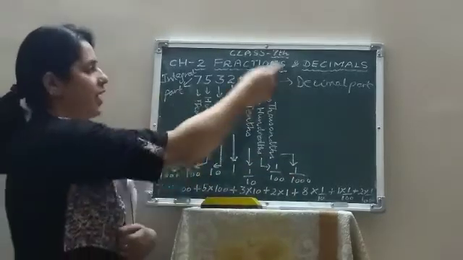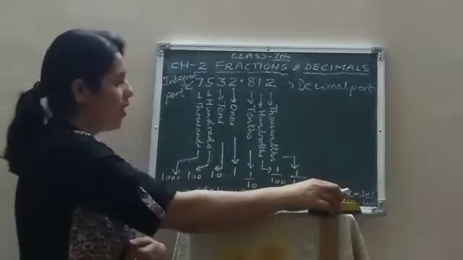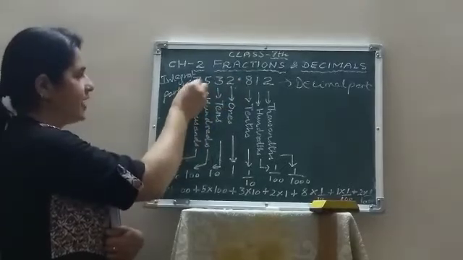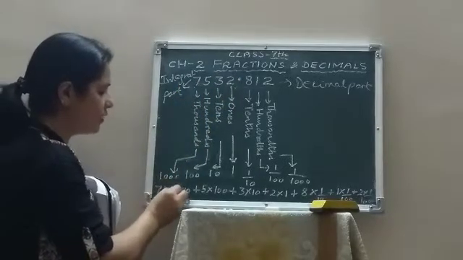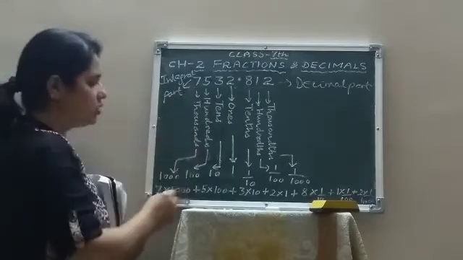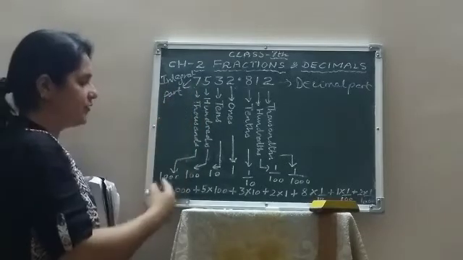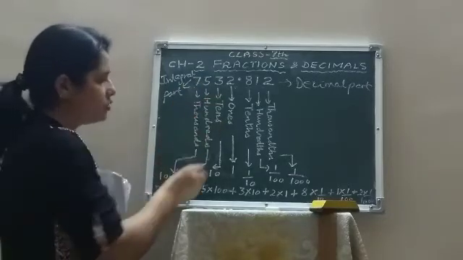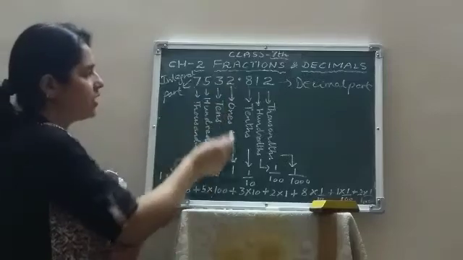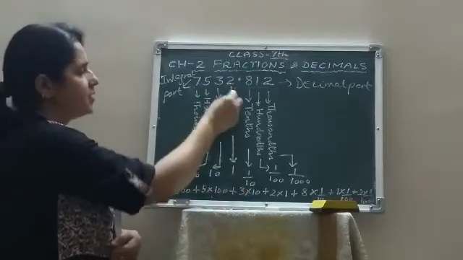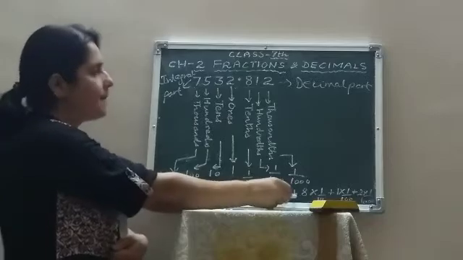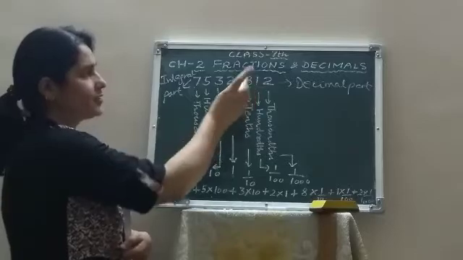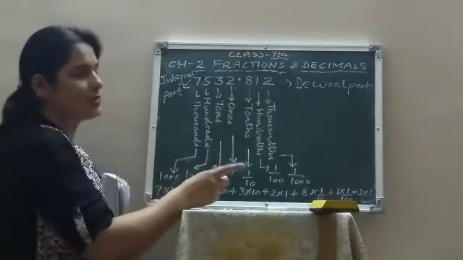So if you have to write the number in expanded form, how will you write it? You will start from this. 7 into the maximum place value, which is 1000, because the place value of 7 is thousands. So 7 into 1000 plus 5 into 100 plus 3 into 10 plus 2 into 1 plus 8 into 1 upon 10, because the place value of 8, in the decimal part, is tenths, meaning 1 upon 10.